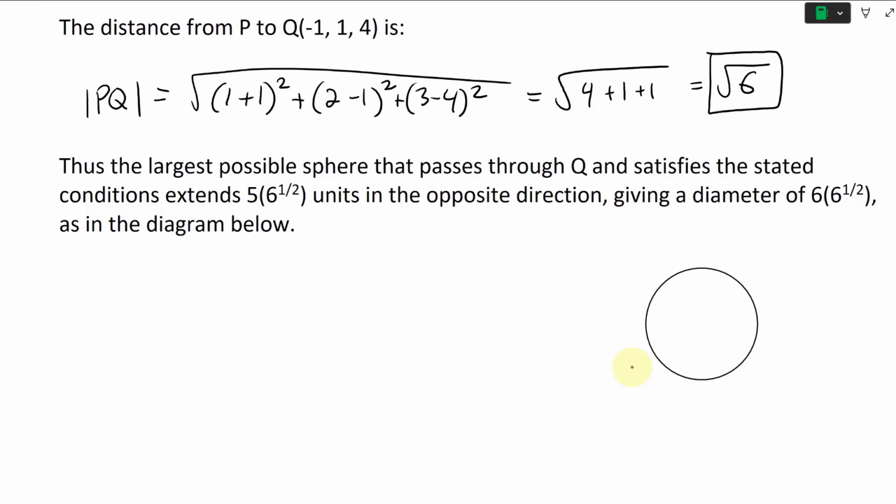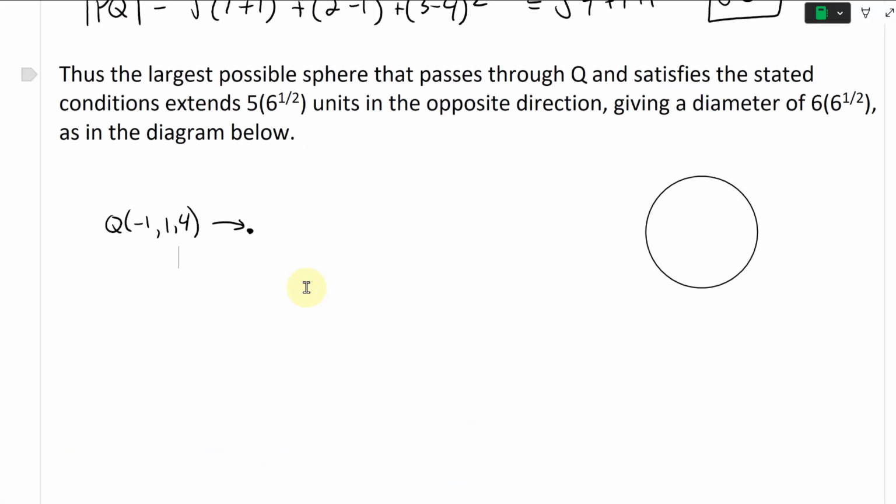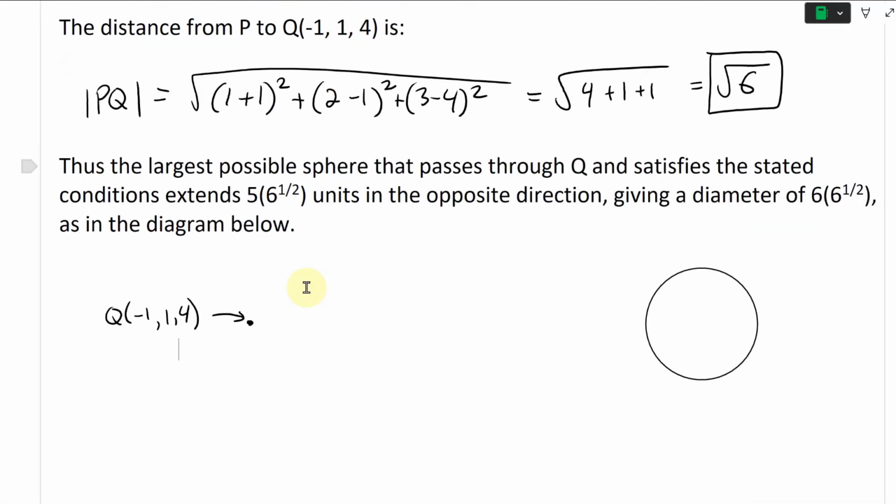So let's say we have the point Q right here. This is at (-1, 1, 4). Let me double check that. Yes, (-1, 1, 4) right there. And the distance from that to P, so P is going to be somewhere across there.